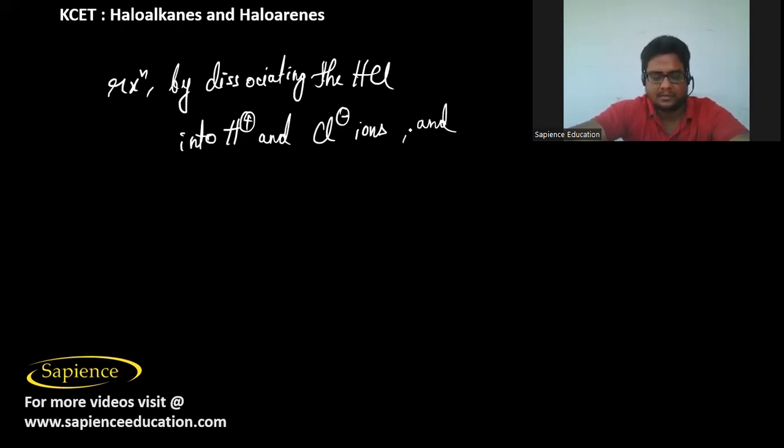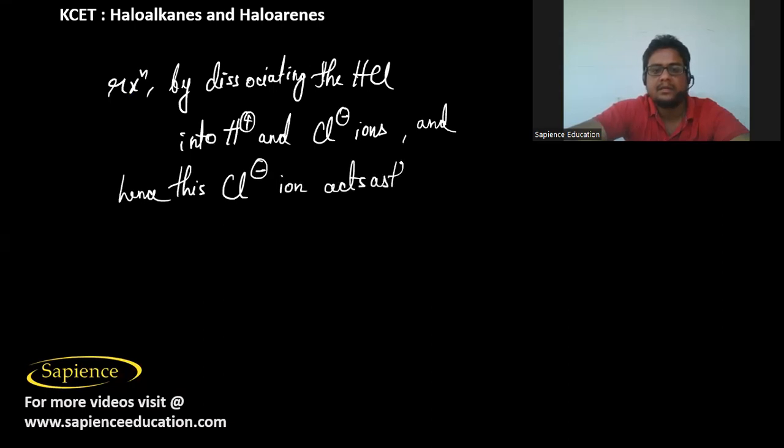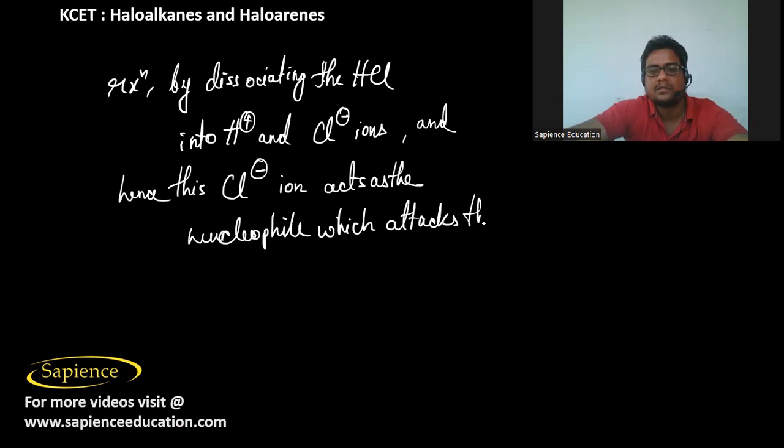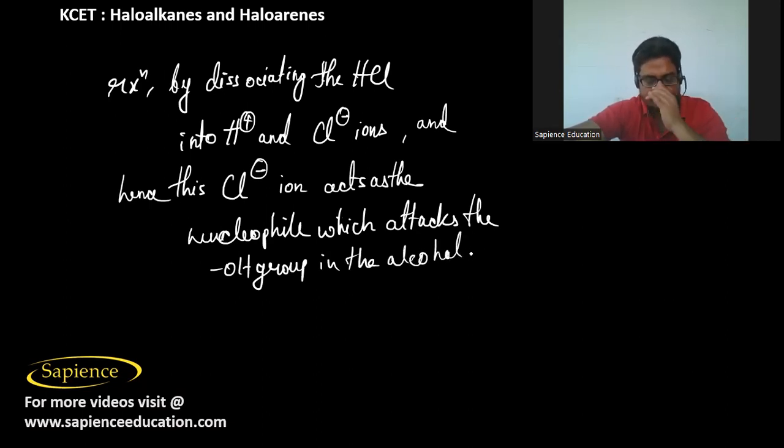And hence this Cl minus ion, which is the chloride ion, acts as the nucleophile, which attacks the OH group in the alcohol.